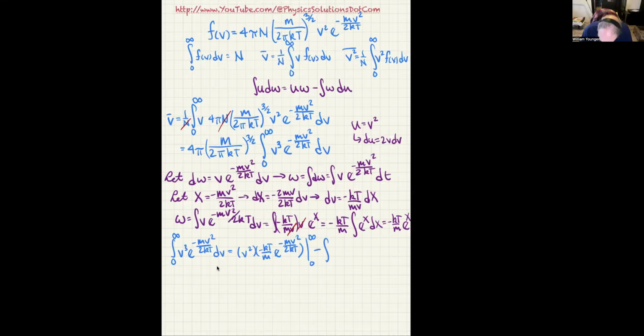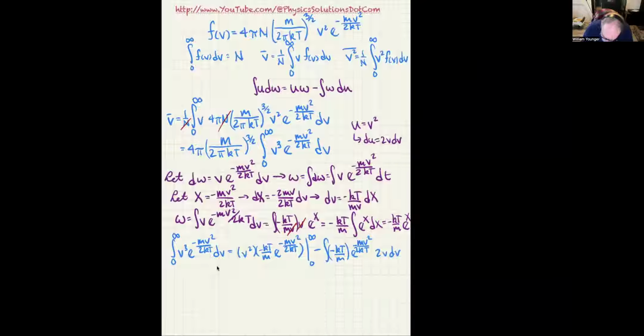And of course, omega, we've already figured out, was in fact negative kt over m times e to the negative mv squared over 2kt. And now I have to multiply that by the du, and the du is 2v dv.